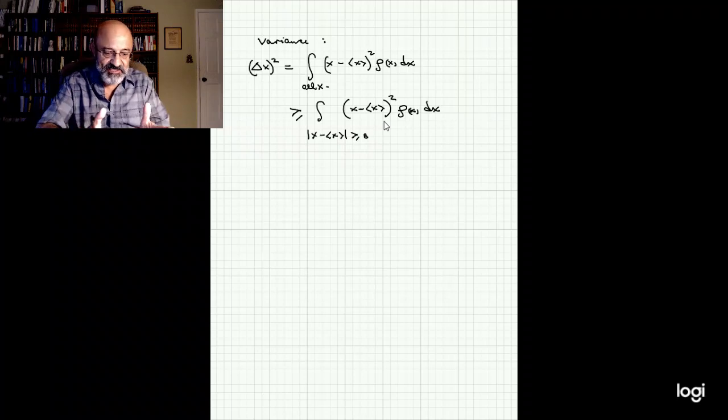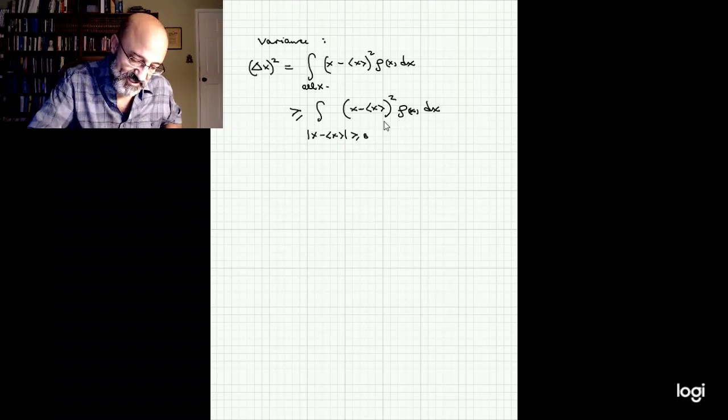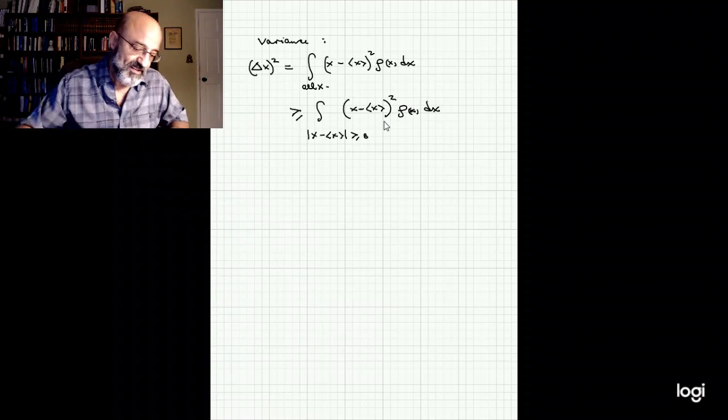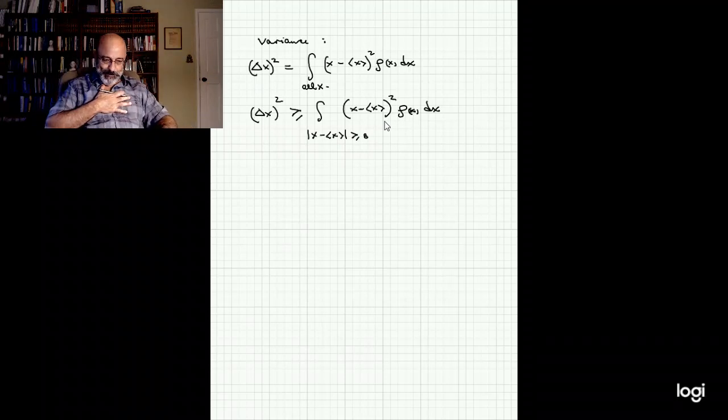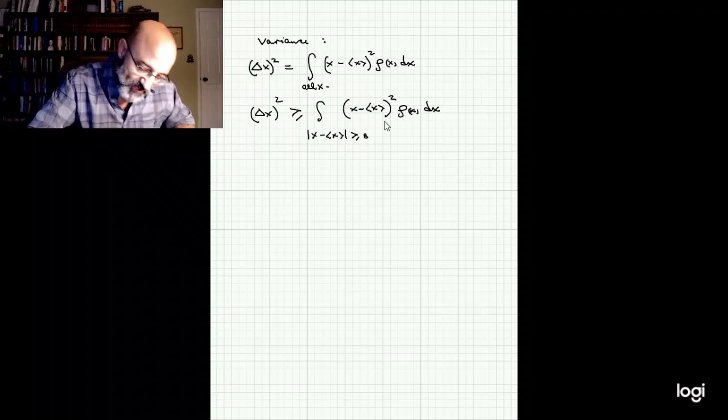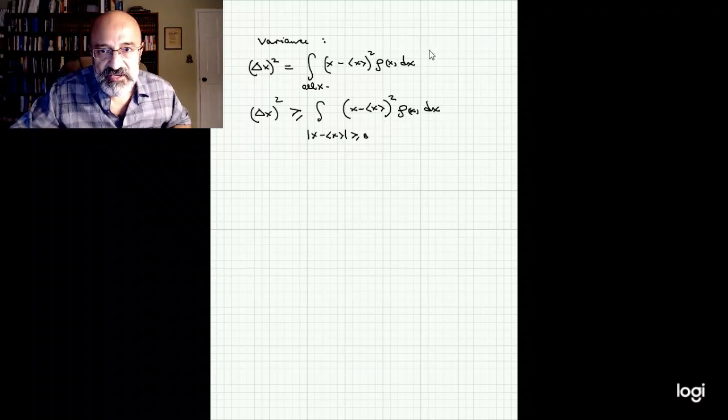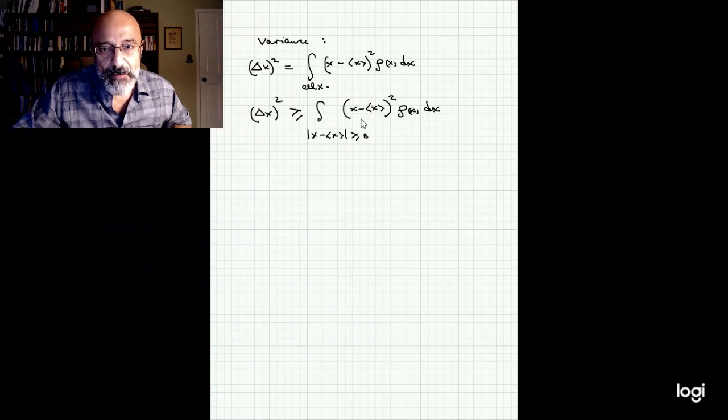I'm subtracting the part when x is really close to the mean. But because everything is positive, you get that the left-hand side is bigger.